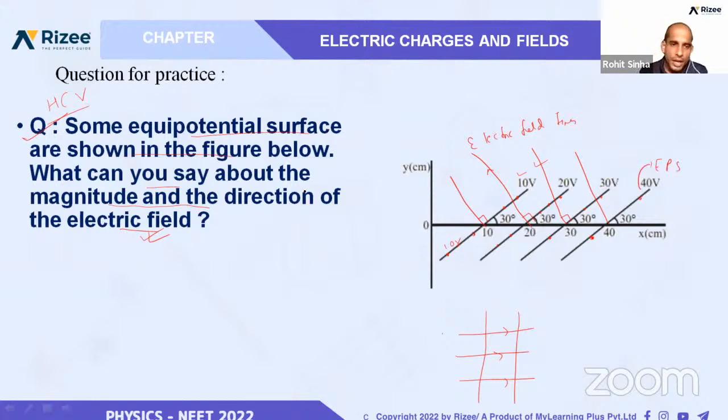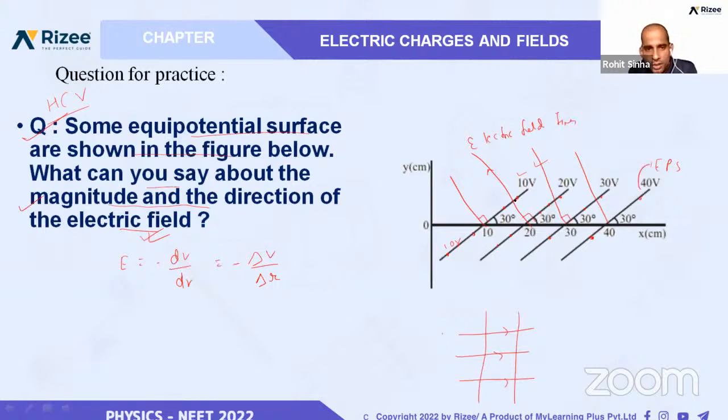Now we have to find the magnitude and direction of the electric field. We know that E is equal to minus dV by dr, or equivalently delta V by delta R, the change in potential divided by the change in distance between the two potentials.